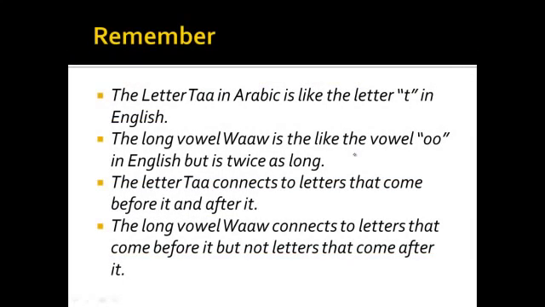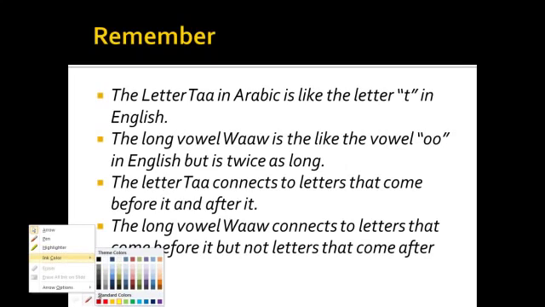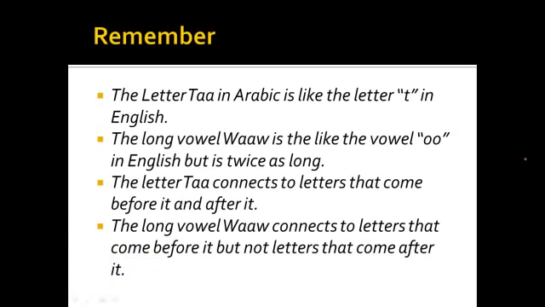Okay, let's review what we have covered so far. I'm going to switch back here to red. So the letter ta in Arabic is like the letter T in English. That's not hard to remember. The long vowel, and remember here, it's a long vowel, just like we have the long vowel alif, we have the long vowel wow, is like the vowel oo.